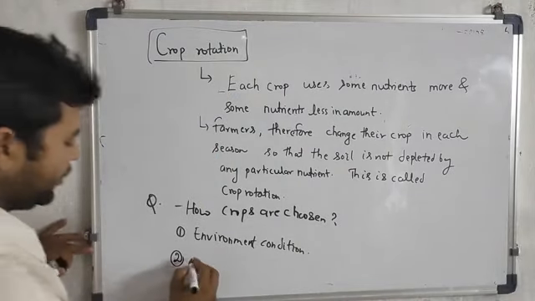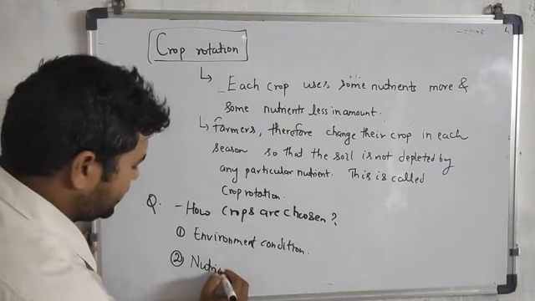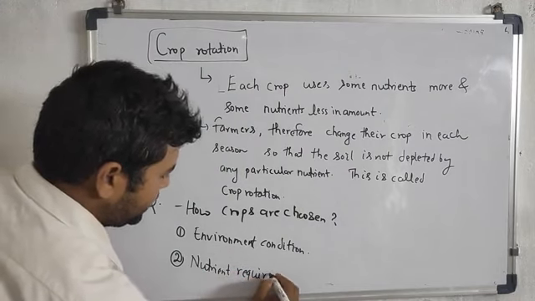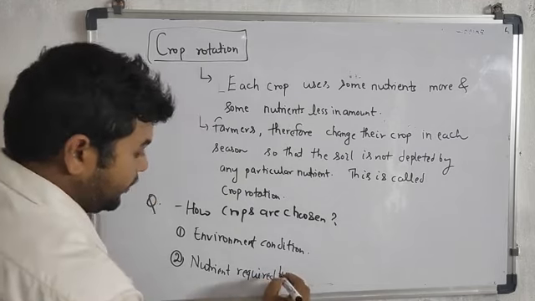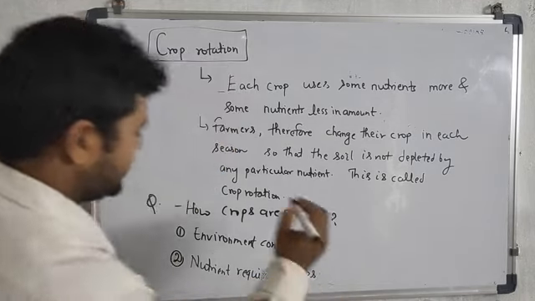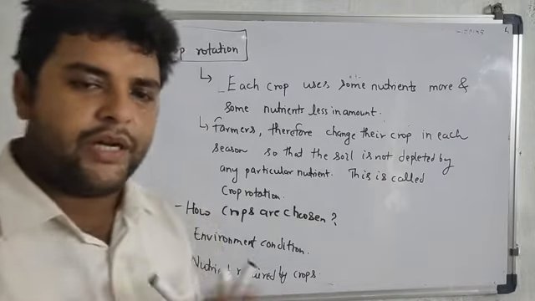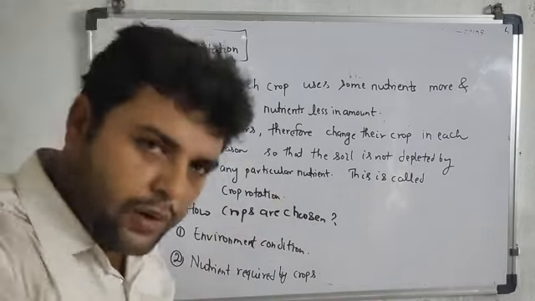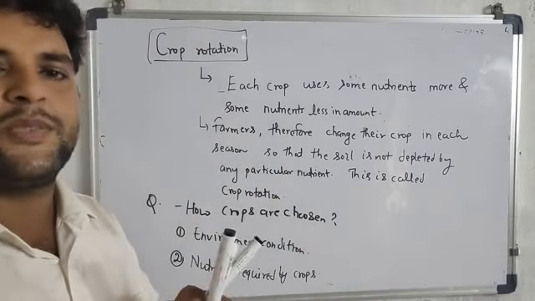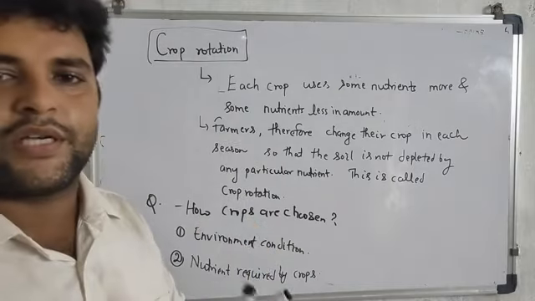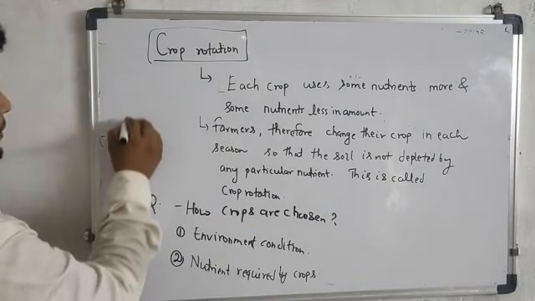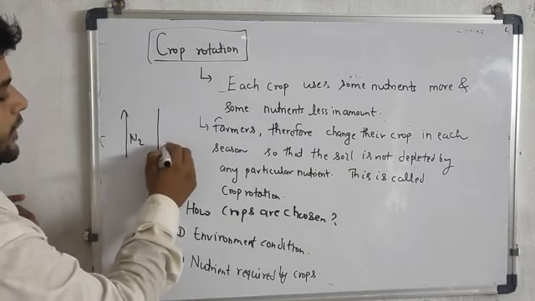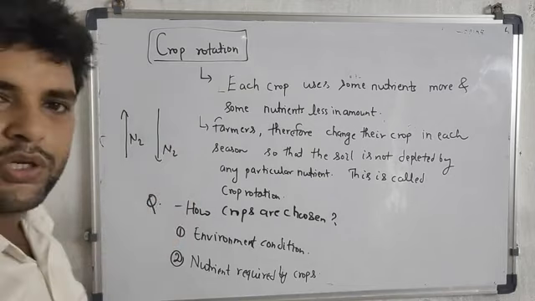And the second, we have to notice the nutrient required by crops. This means suppose in one season nitrogen is taken up from the soil, then in another season nitrogen will be added to the soil. So in this pattern there will be no scarcity of nitrogen. This means nitrogen is taken and then again nitrogen is given back to the soil.